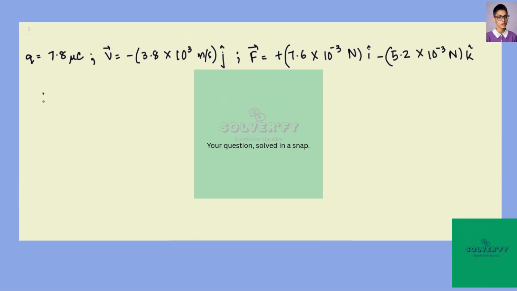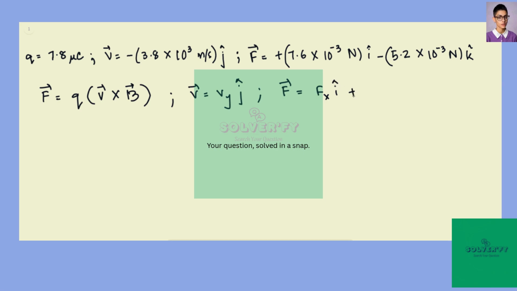The magnetic force is given by q times the cross product of velocity and the magnetic field. And here, the velocity vector is along the y direction and the force vector is along the x direction and z direction.